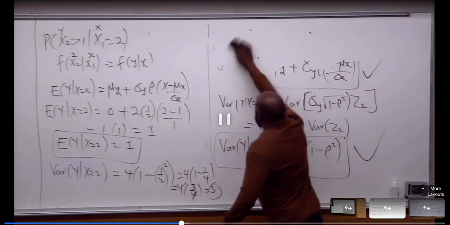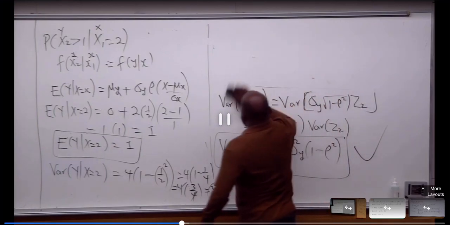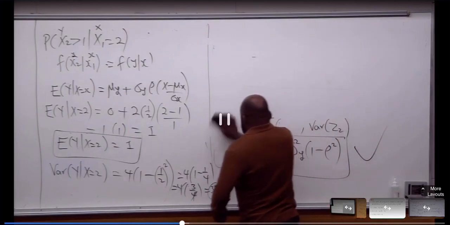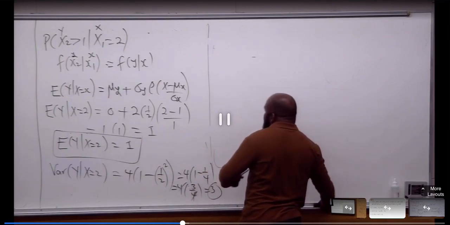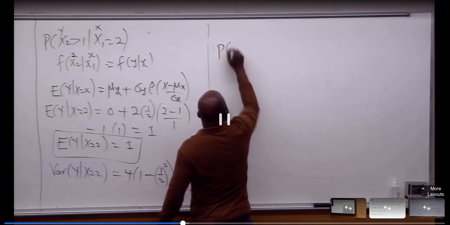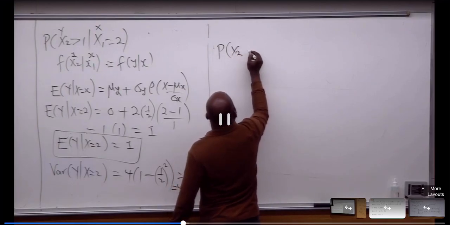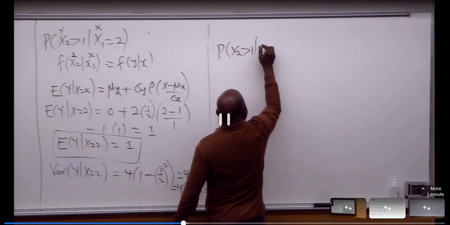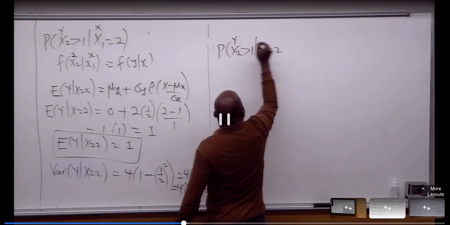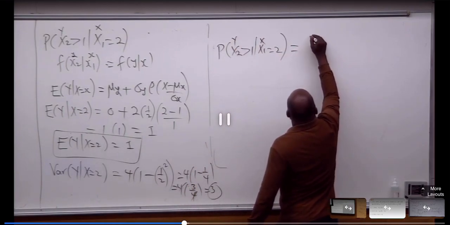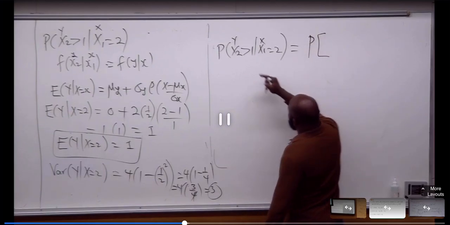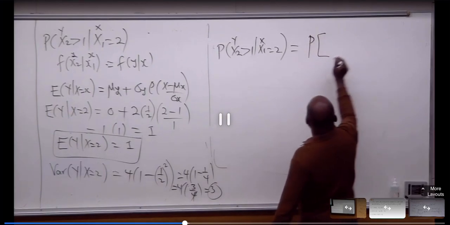So if you take a look at, let's say, greater than 1. The probability of x2 greater than 1 given x1 equal to 2. Don't forget this is y, this is x. I want to find 1.